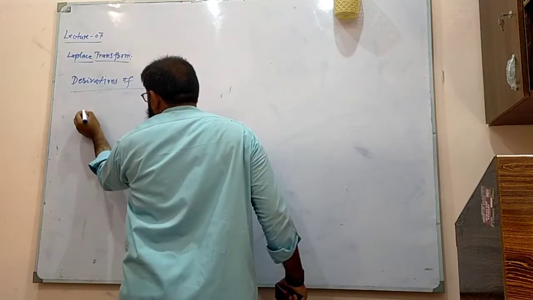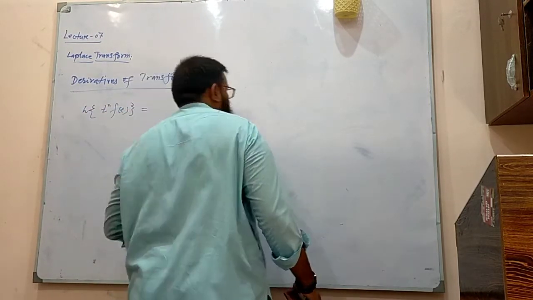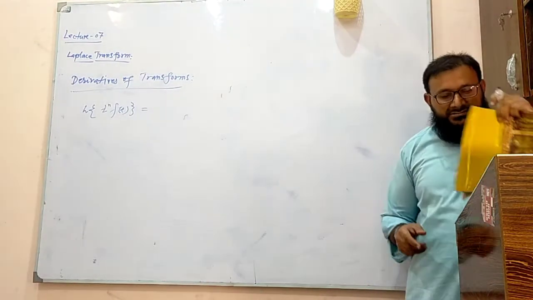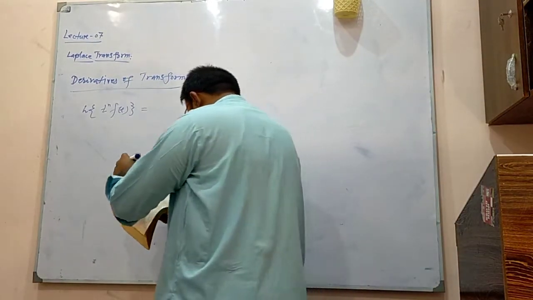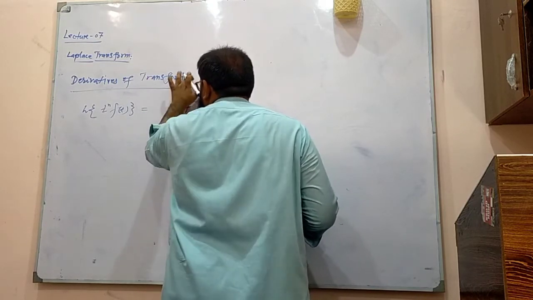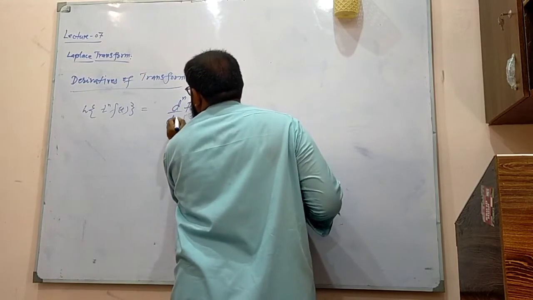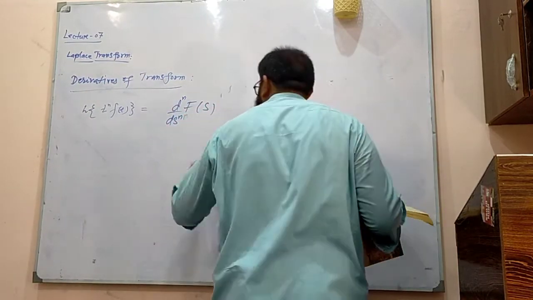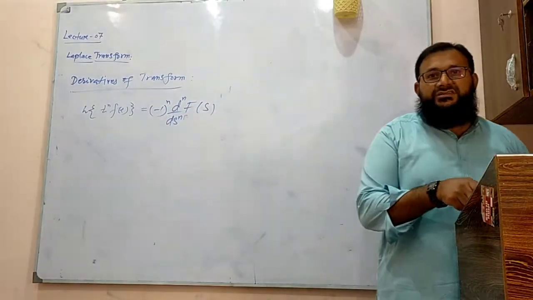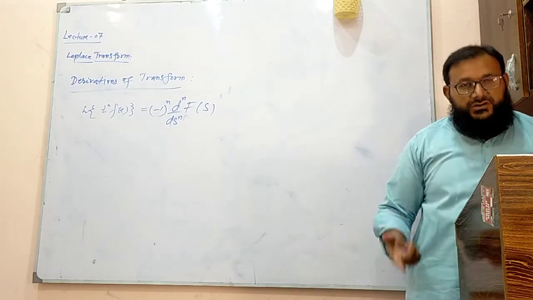It means now it is mainly when you have a function multiplied by t power n. Then its Laplace transform is going to be the nth derivative of the transform times minus 1 power n. The first thing was, I think, the transform of derivatives, and this is the derivatives of transforms.